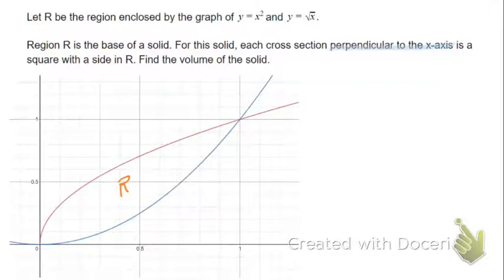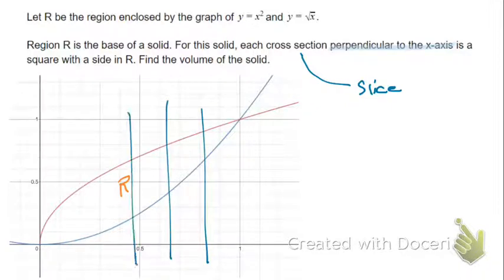We know we're taking a slice here. So that's a slice. Perpendicular to the x-axis. So we're slicing, our knife is kind of cutting perpendicular to the x-axis. And it says, for this solid, each cross-section or slice perpendicular to the x-axis is a square with a side in R.